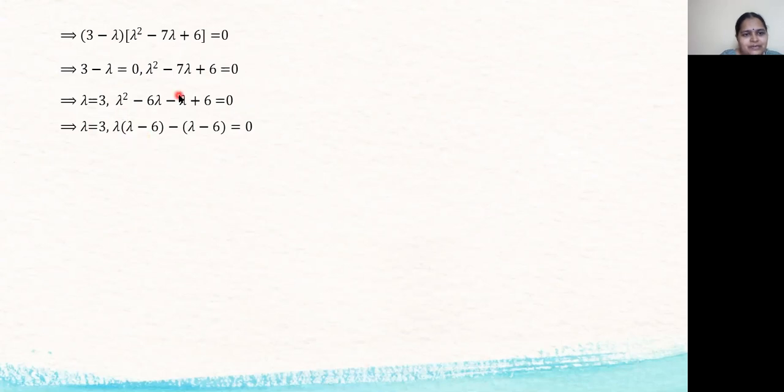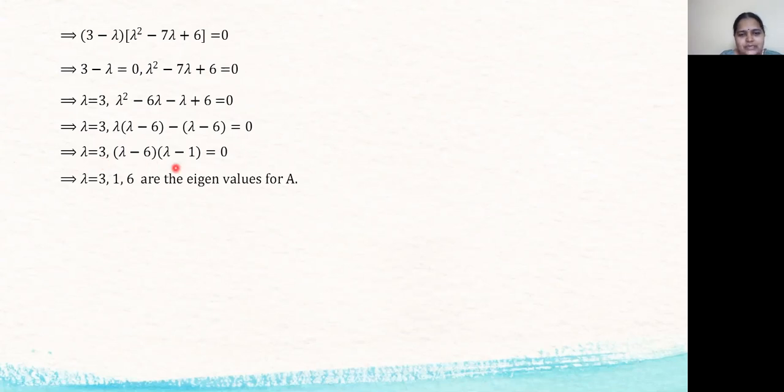From the other two terms, if we take out minus common, then we get lambda minus 6 equal to 0. Now lambda minus 6 is common in both terms. If we take out lambda minus 6, here lambda will remain and here minus 1 will remain. So the eigenvalues of the given matrix A are 3, 6 and 1.